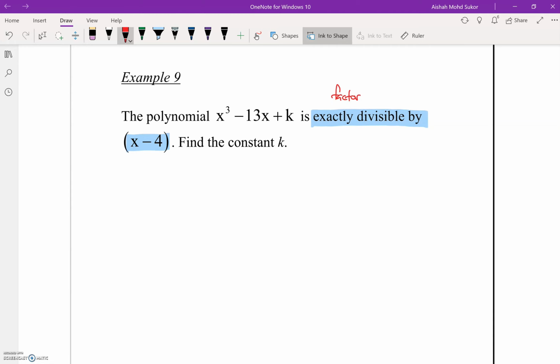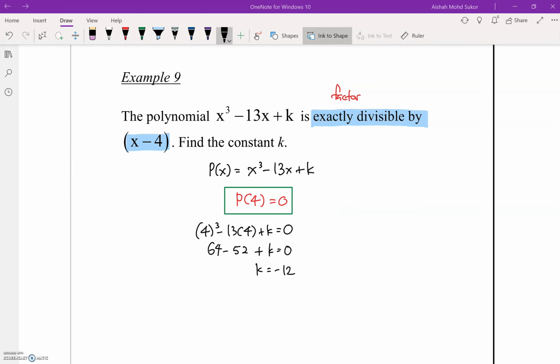When we say that x minus 4 is a factor, it means that this polynomial will have no remainder. Let p(x) be x cubed minus 13x plus k. When x minus 4 is a factor, we have p(4) equal to 0. We substitute x equals 4 and we get k equals negative 12.